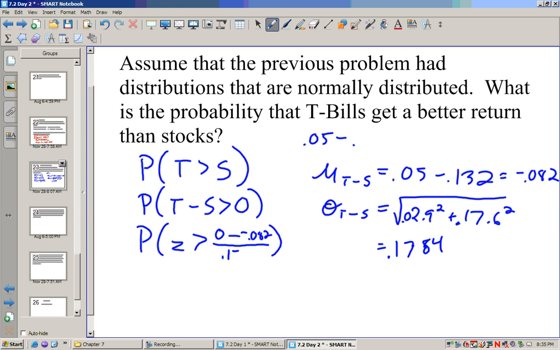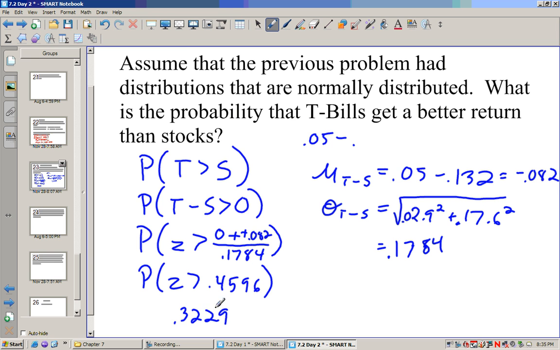So 0.1784, which is going to be the probability that my z-score is greater than 0 plus or minus the negative, same as addition. So 0.082 divided by 0.1784 is going to give us 0.4596. So to find the probability, we do a normal CDF from 0.4596 to a very large number, and that's 0.3229.